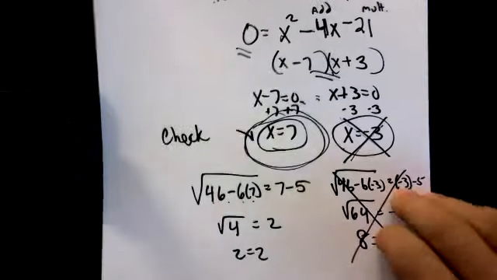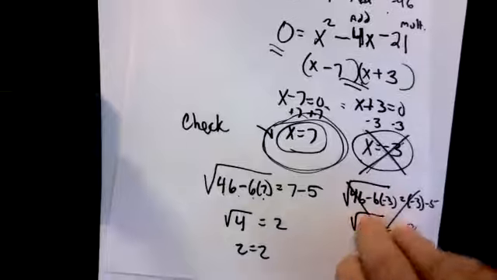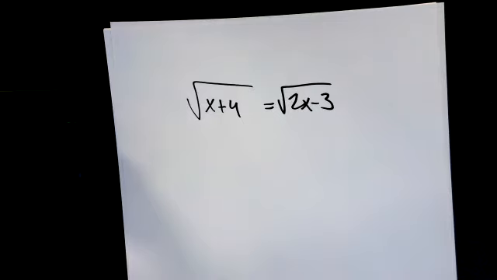All right, the last problem they may potentially give you is one like so: square root of x plus 4 equals square root of 2x minus 3. If you have two different radicals, no big deal.